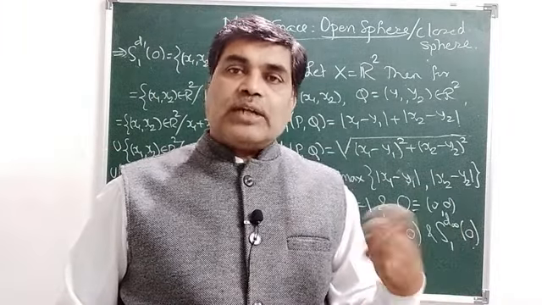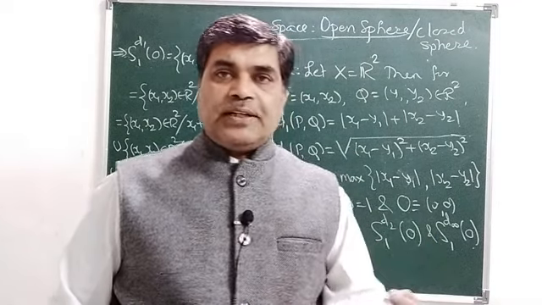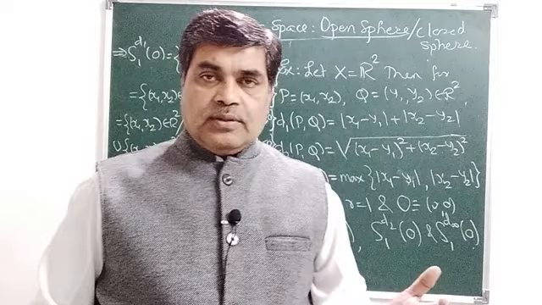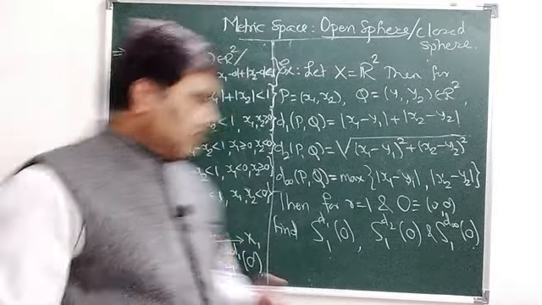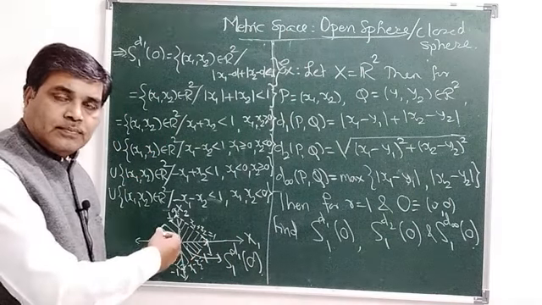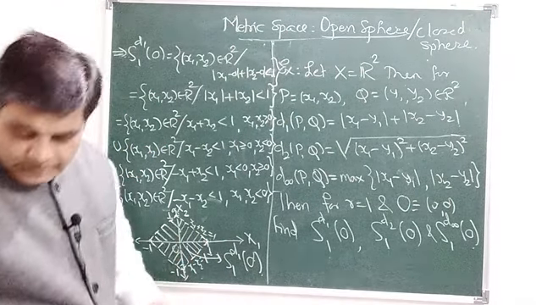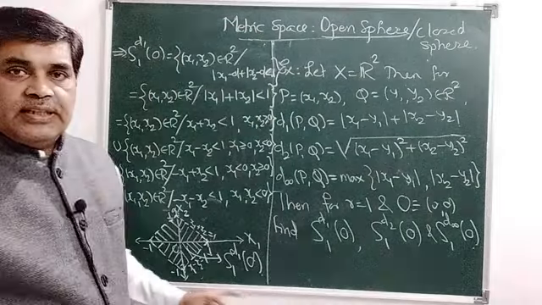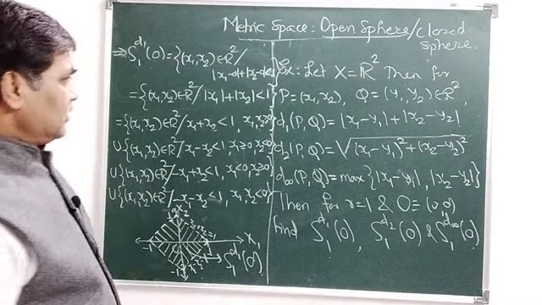Is it clear? That's why I have just plotted the open sphere with center origin and radius 1. If the radius is less than 1, then it gets shrunk. So this is about the open sphere in this metric.